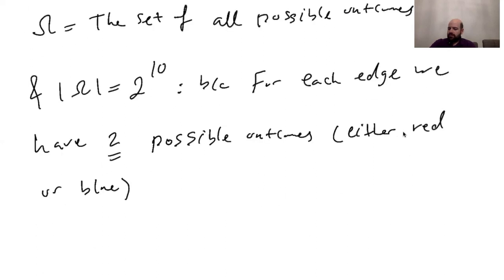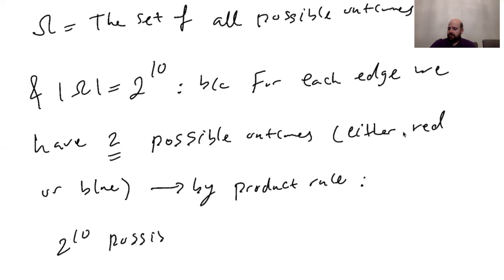So that means, by the product rule, 2 to the power 10 possible outcomes in total.